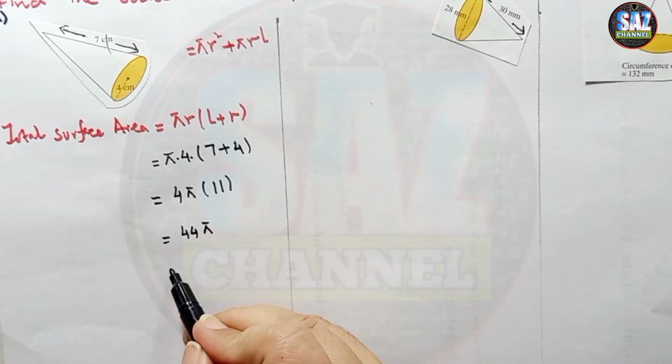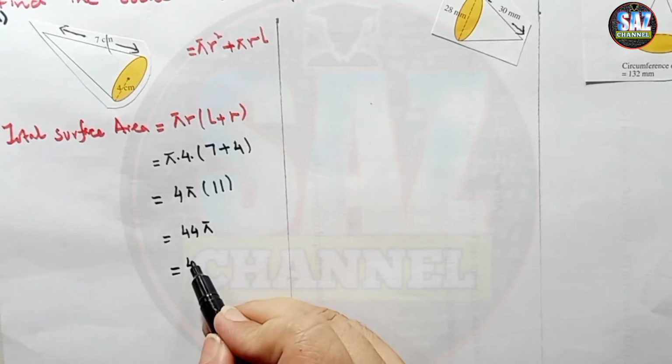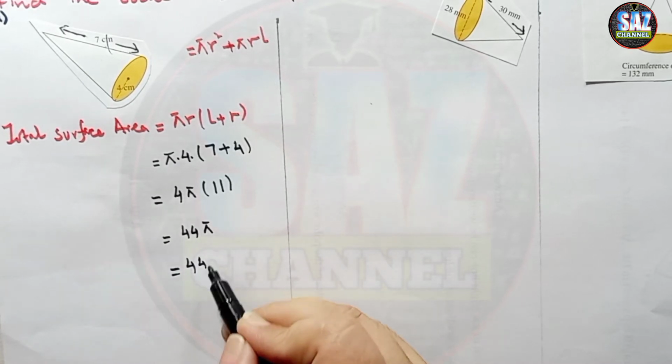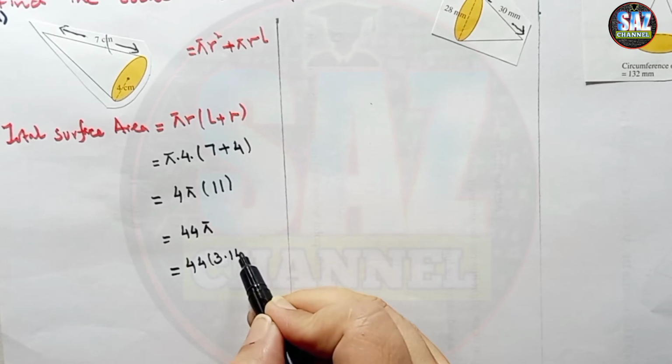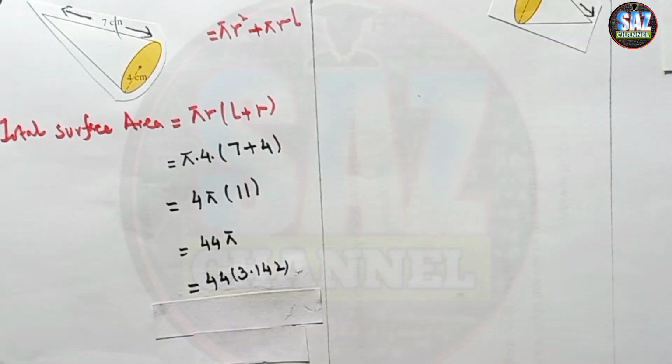And now pi has the value 3.142. So 44 multiplied by 3.142. Okay, now let me just hold the calculator. 44 multiplied by 3.142.